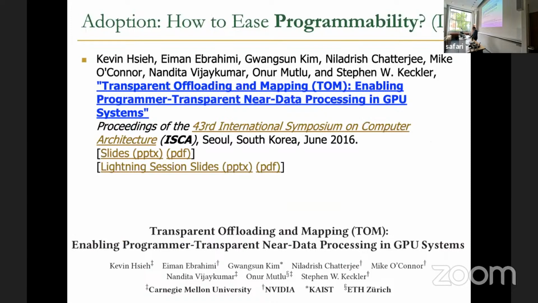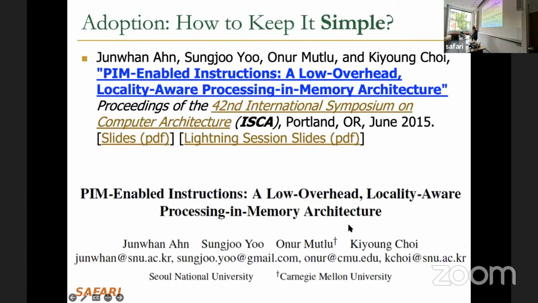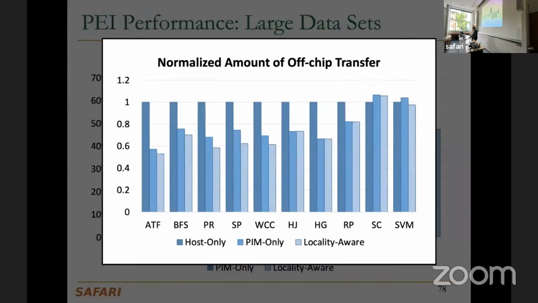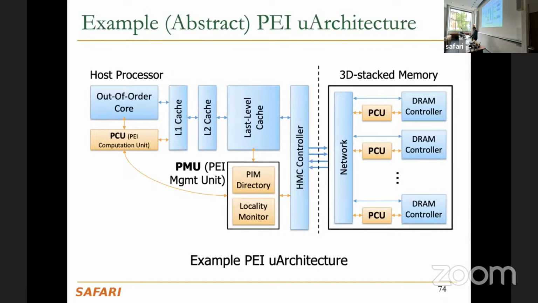I think there was an earlier question over here that I should cover. The question was, how do you eliminate the virtual memory need? The translation itself and the access control checks, everything happens in the processor core. So when you decide to ship a PIM-enabled instruction to the memory side, you send the physical address, meaning the translation and access control checks and everything happen in the TLBs.